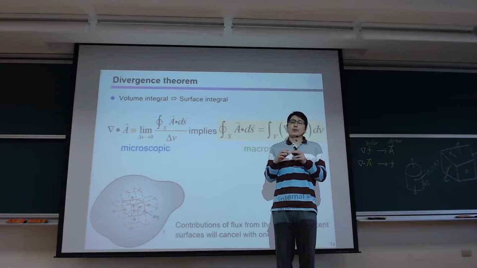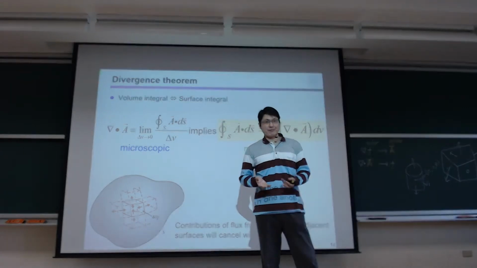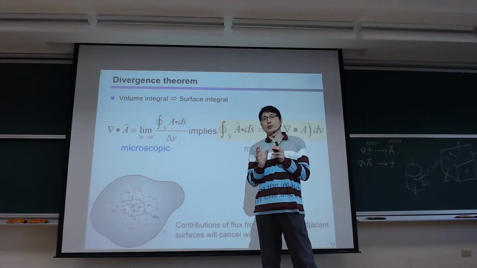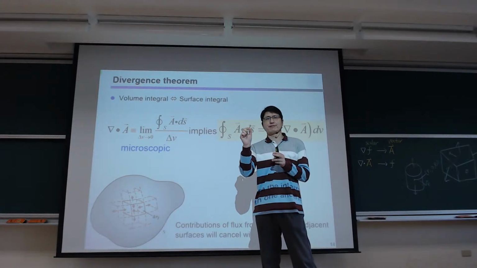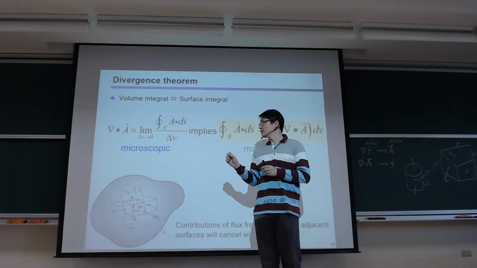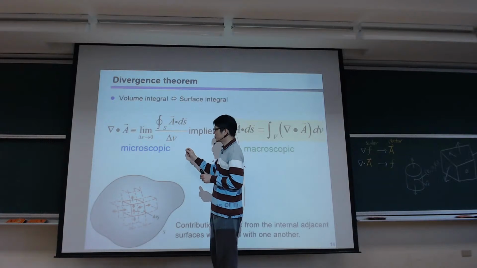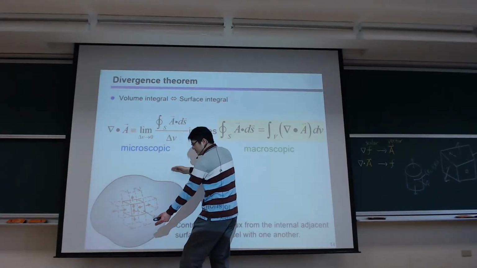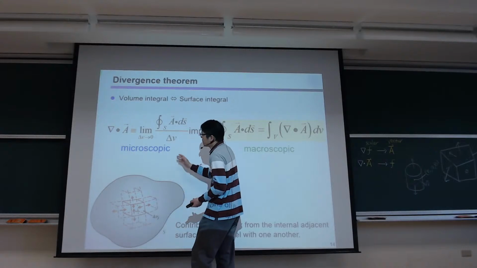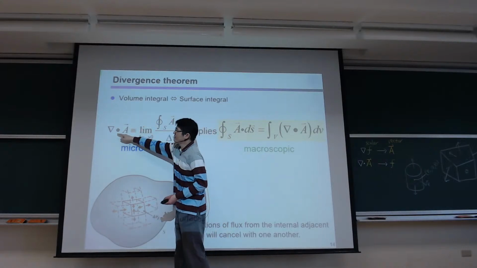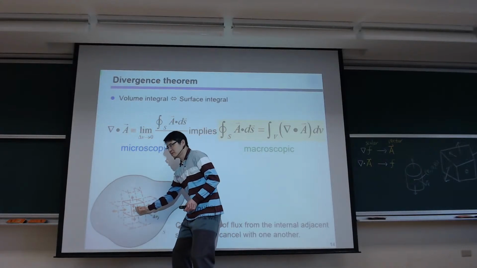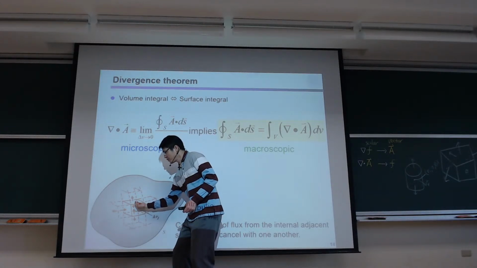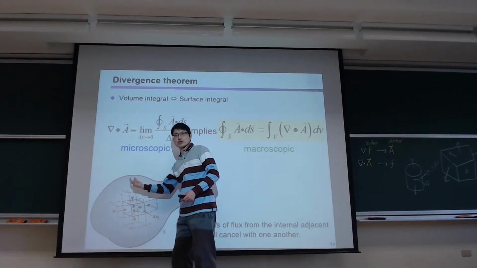So whenever we perform divergence on the vectorial field A, we're trying to evaluate the flow in the microscopic sense. Okay? For example, I have a very big structure, but from the definition of divergence of A, I'm calculating the flow of a very small box inside this structure.